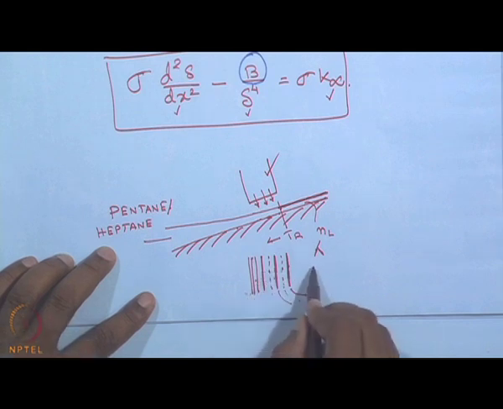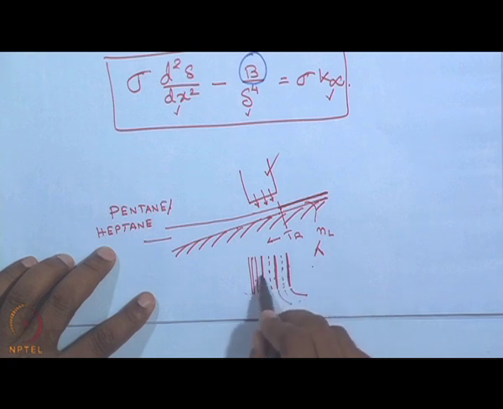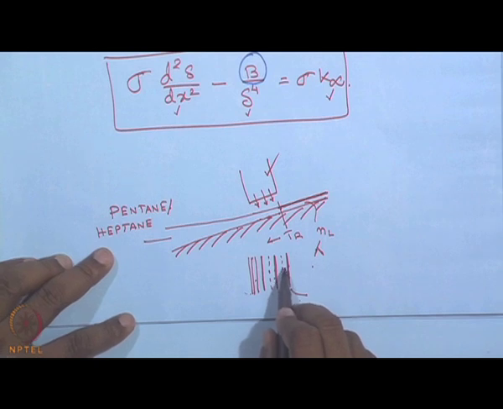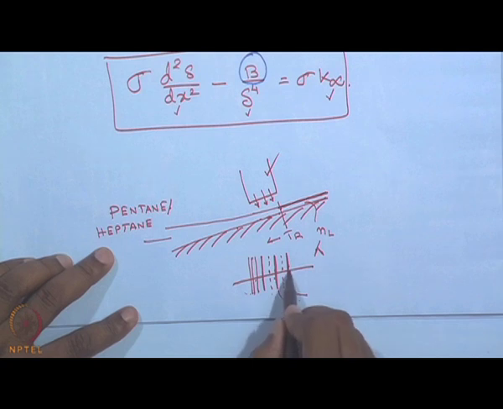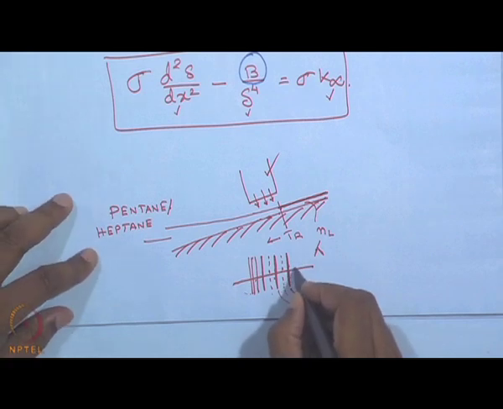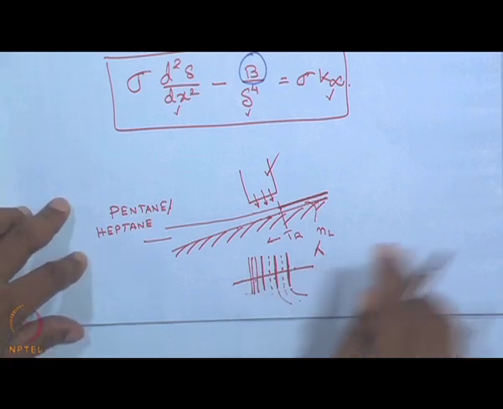If I could digitize this picture, that means separate this picture into a number of pixels and do a scan, what I would see is the gray value, which is a measure of the light level at that point. After I digitize this, I will draw it again clearly over here.